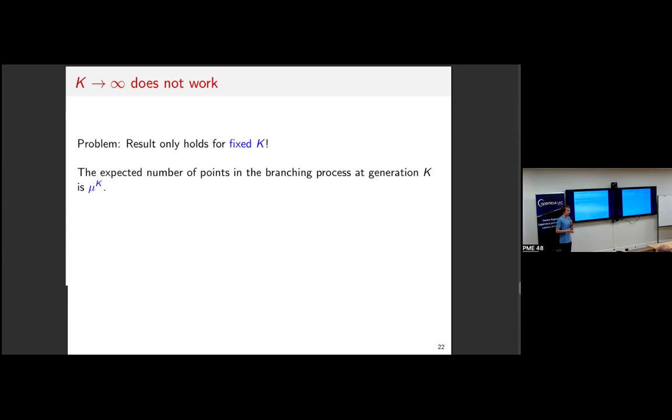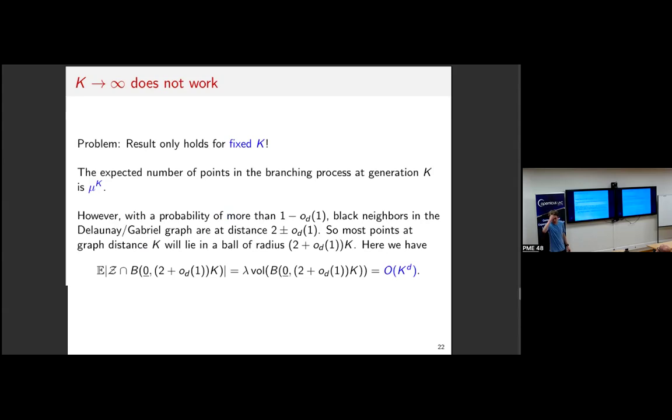In the independent model, it's very easy: it's just mu to the power of k, because in an average generation you get this mu. For our case, it is a bit different, because we already know that most neighbors will lie at distance roughly 2 to the typical point. So most neighbors of generation k will lie in a ball of roughly 2 times k.